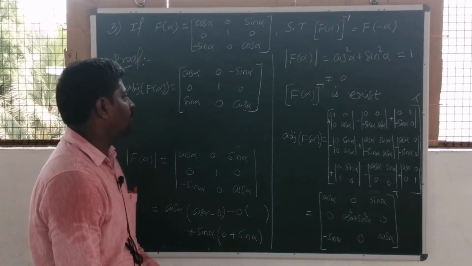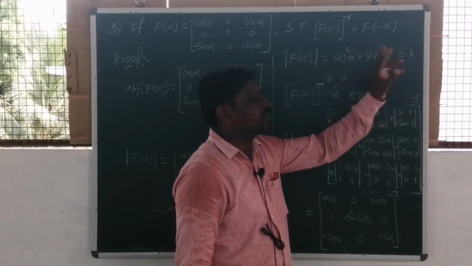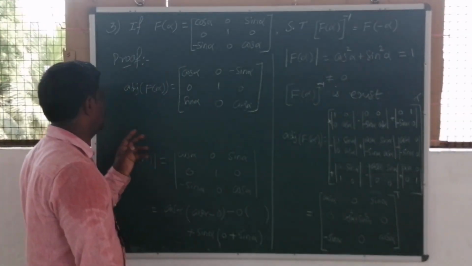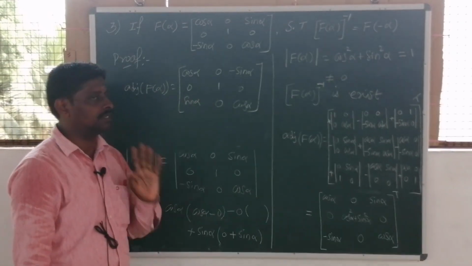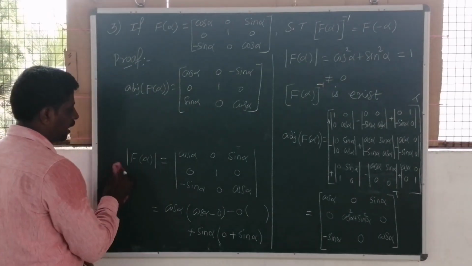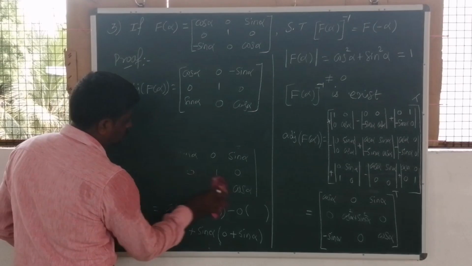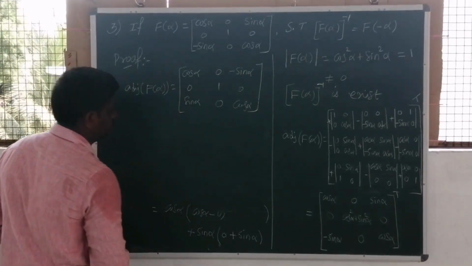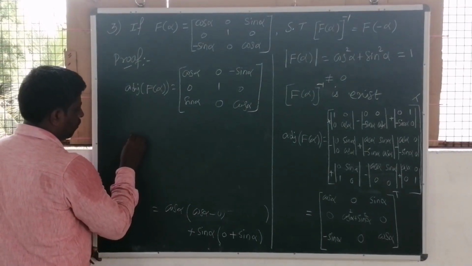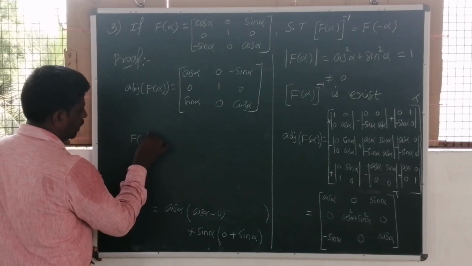The determinant of f of alpha we have already found out, and its value is 1. Now we have found the adjoint value, the 3 cross 3 matrix. Now we can write the inverse of f of alpha.